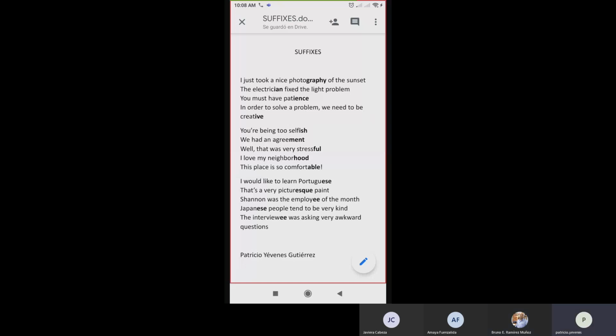So I divided the three groups, and I picked one suffix from each. But in the last group, I have to repeat one because there were only 4. So there are the examples. I don't know if my classmates can maybe say them out loud or something like that. It's totally up to you if you want to read them all or you want someone else to participate.